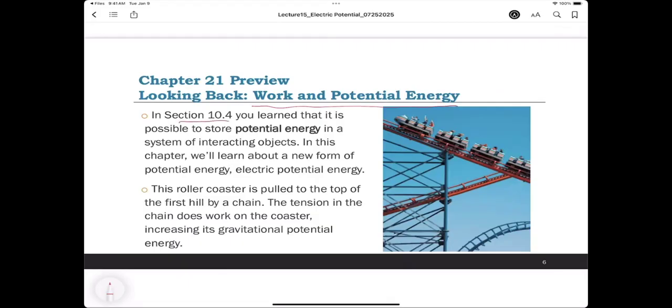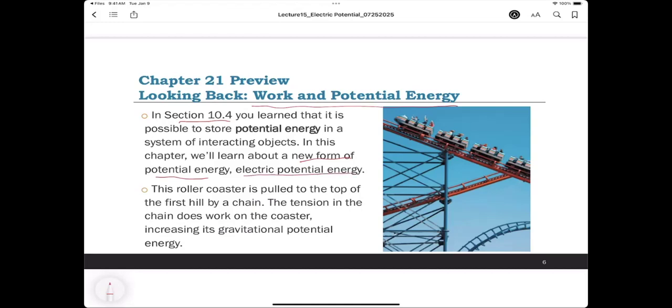You have already learned this in College Physics 1: it is possible to store potential energy in a system of interacting objects. In this chapter, you will learn a new form of potential energy, called electric potential energy.